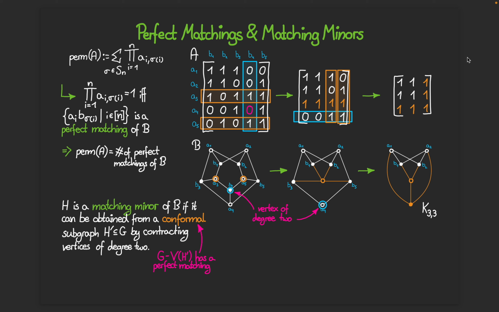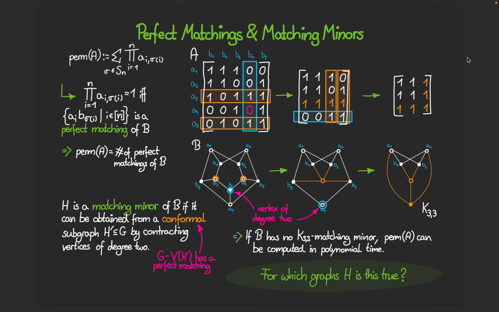In this instance, we mean that the subgraph is conformal if the deletion of its vertex set leaves a graph with a perfect matching, which matches this property from before that the permanent should always remain non-zero when we do any of our operations. So this means Little's theorem says that we can use Polya's strategy to compute the permanent of a matrix if its corresponding graph does not contain K33 as a matching minor.